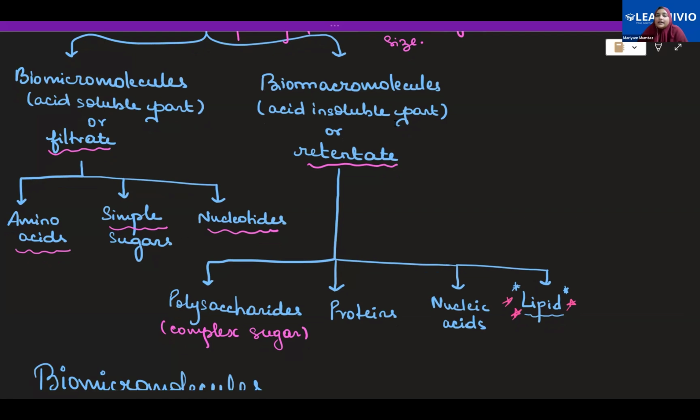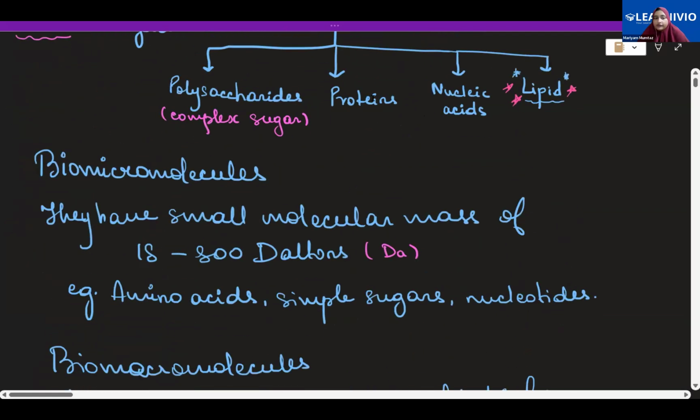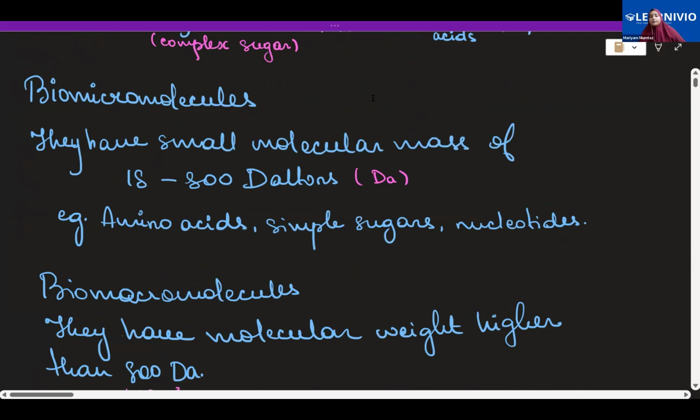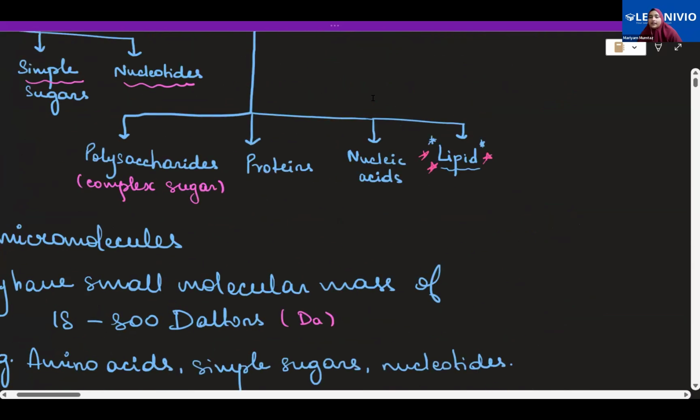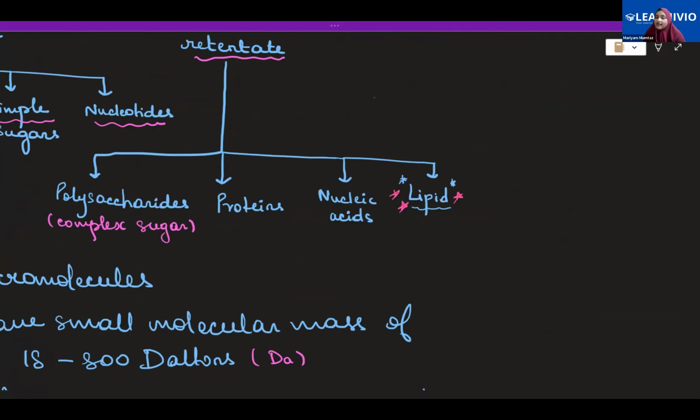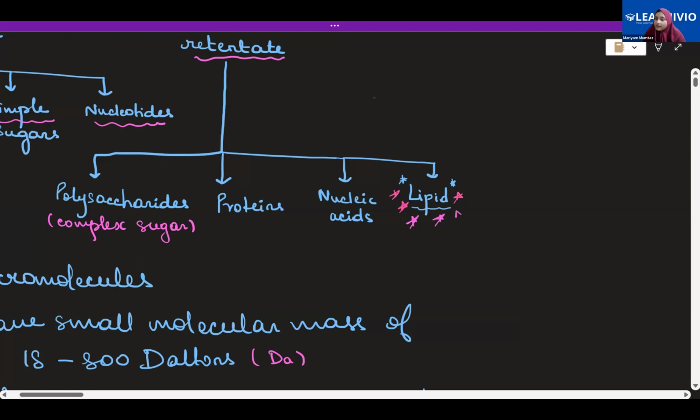On the other hand, amongst the biomacromolecules, we have polysaccharides, proteins, nucleic acids, and lipids. See how I've made several stars around the lipid? Keep it in mind that there is something unique about them.